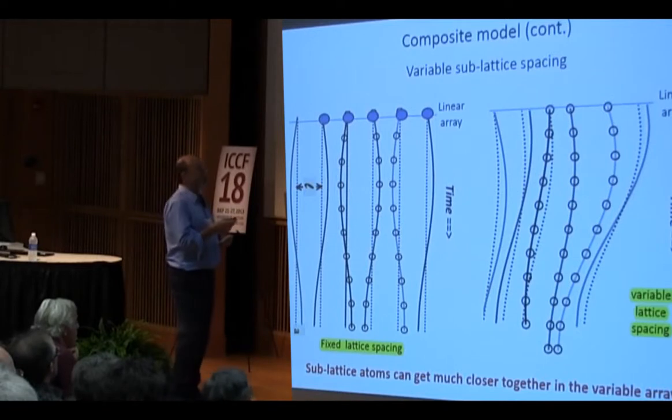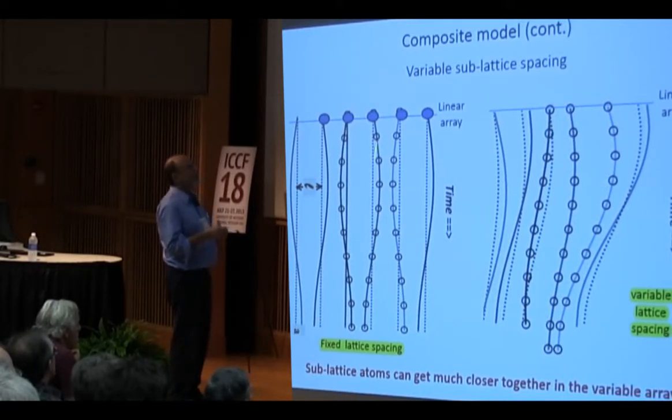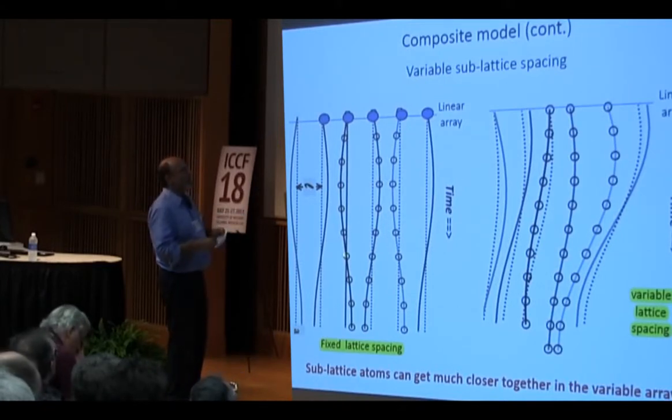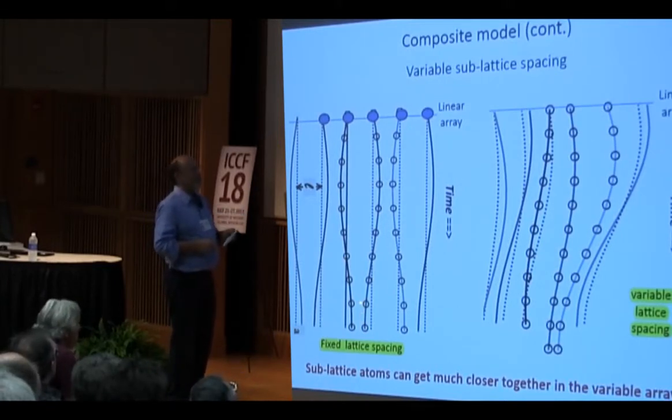Now, what we have here is in a lattice, we have fixed spacings. And this is an example here of fixed lattice spacings. And you have the oscillations, and these are the longitudinal optical modes where the deuterons are beating together, and they come together, but they can't really come together very close.